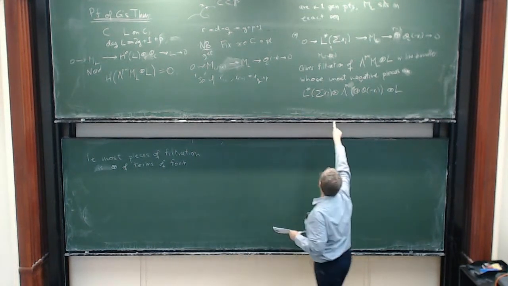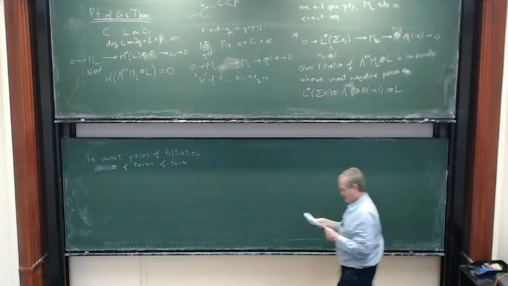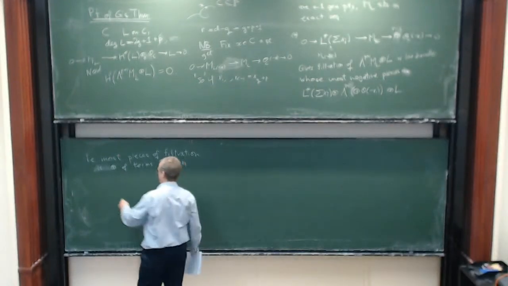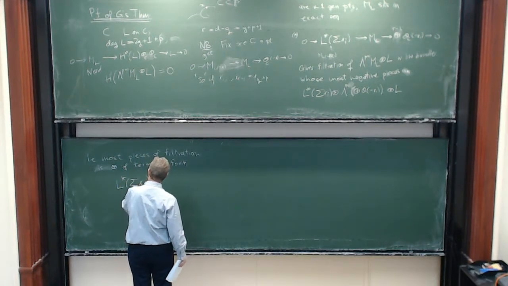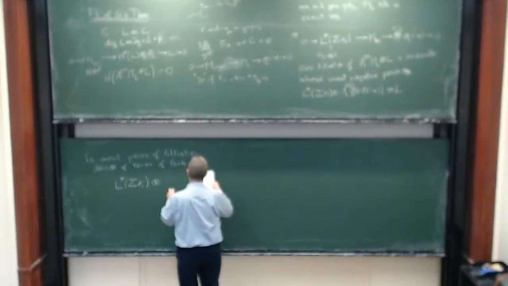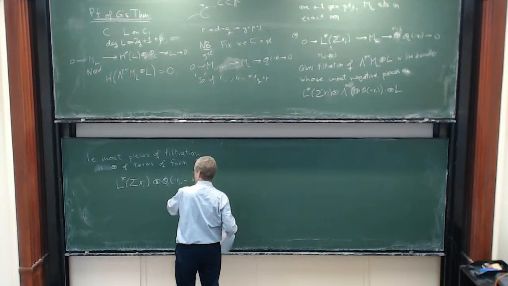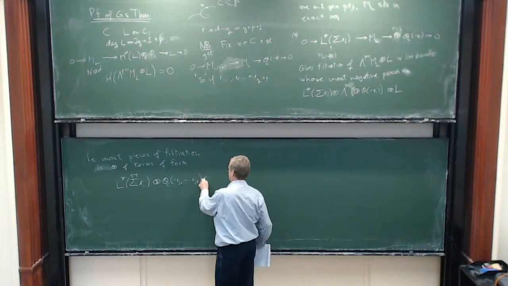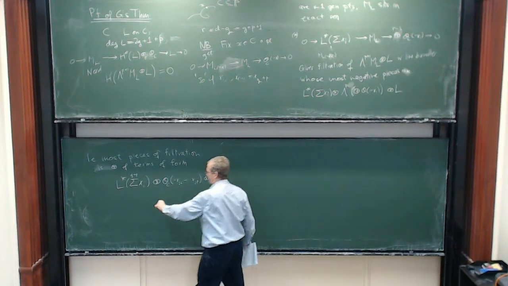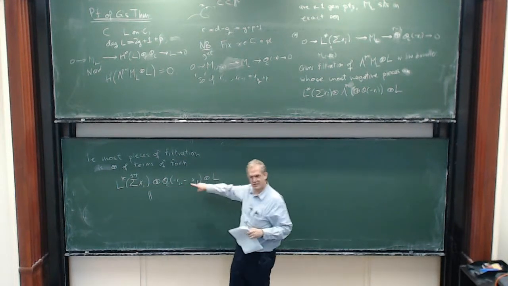So I'm adding g plus p x's and subtracting p of them. So what I end up with is L dual times the sum of all the xi's, tensor O_C of minus p of them, and remember, there are g plus p things here, tensor L. And so the L's cancel, and I just have a sum of g different points of x.